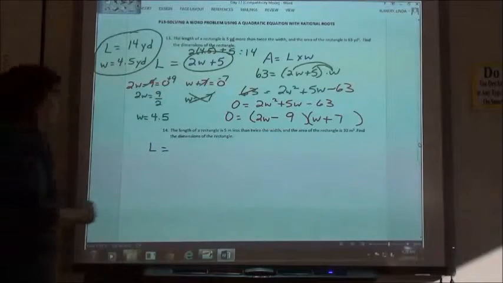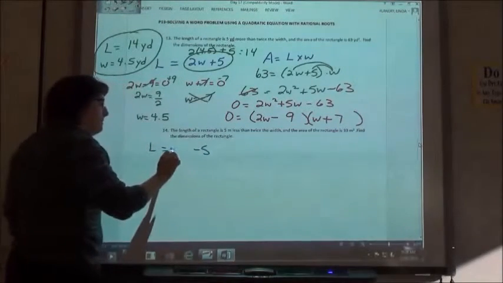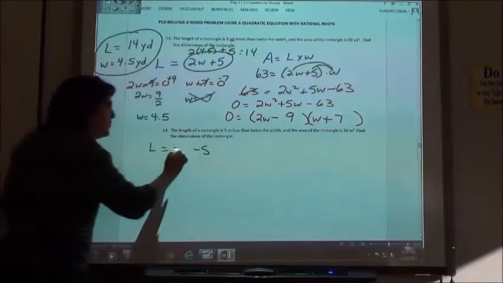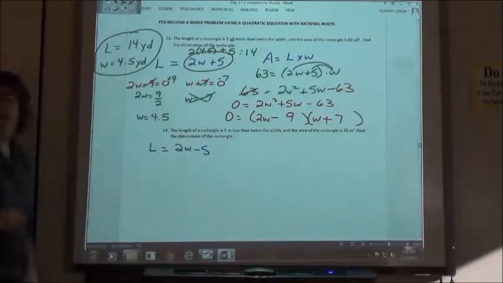The length is 5 meters less than twice my width. So 5 meters less would be minus 5, and twice my width would be 2w. So 2w minus 5, right?